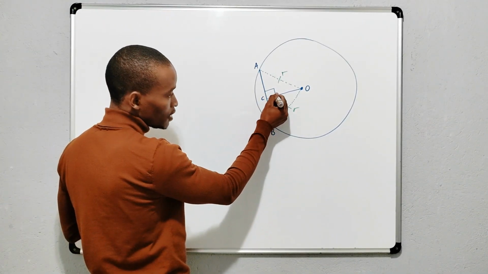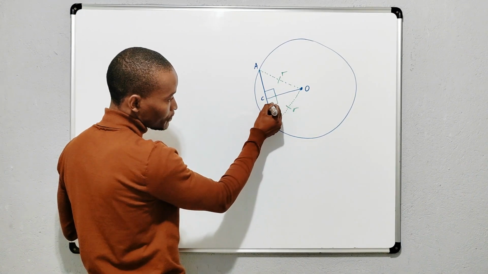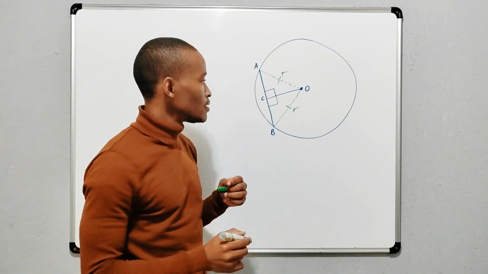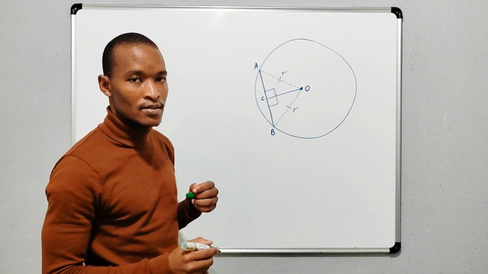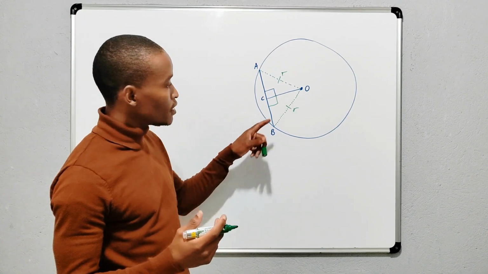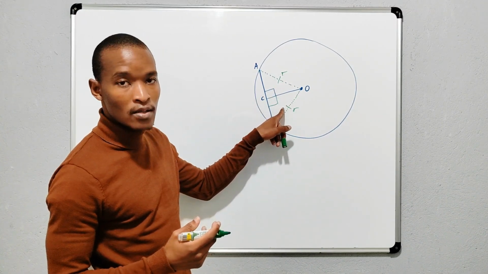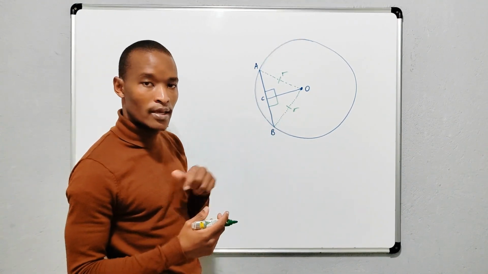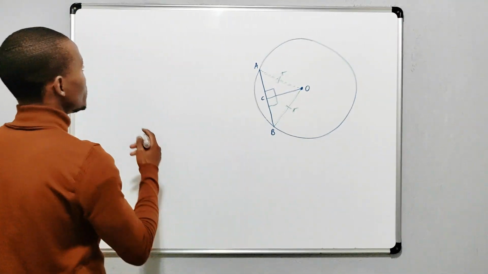It's also 90 degrees. Okay. Have we met the conditions for RHS? Yes. So by RHS, the condition for congruency, these two triangles are congruent. Okay, and therefore we can conclude that AC is equal to CB.